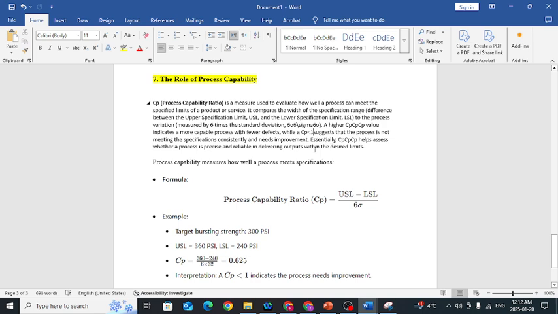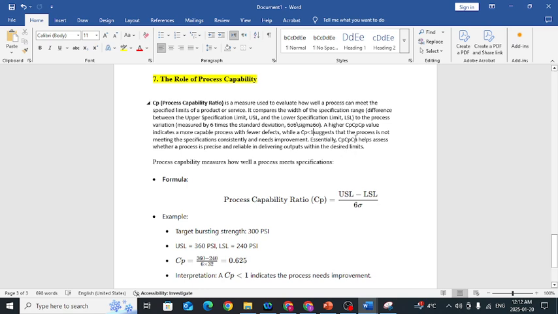While a Cp, the result from this formula, lower than 1 suggests that the process is not meeting the specifications consistently and needs improvement.